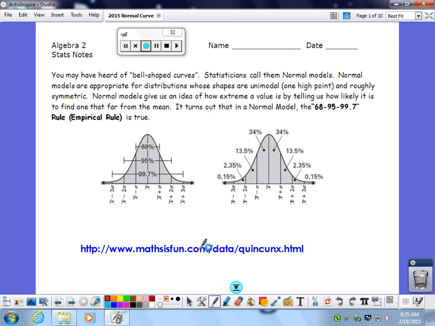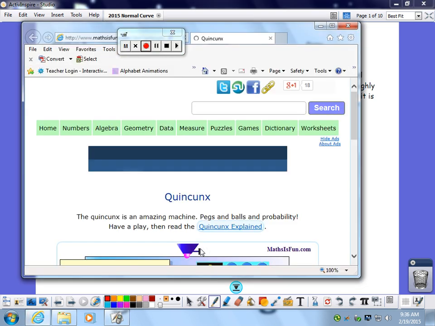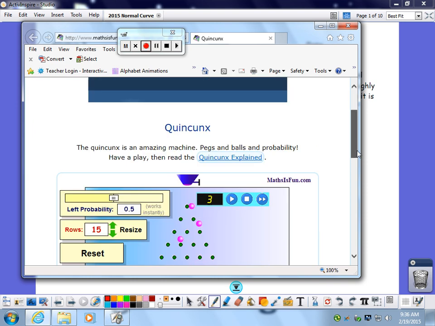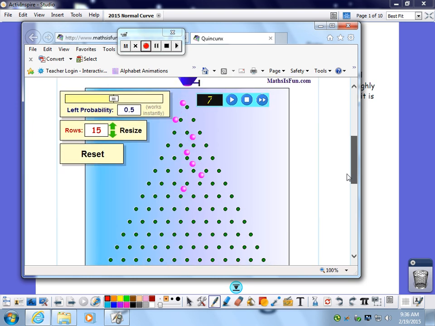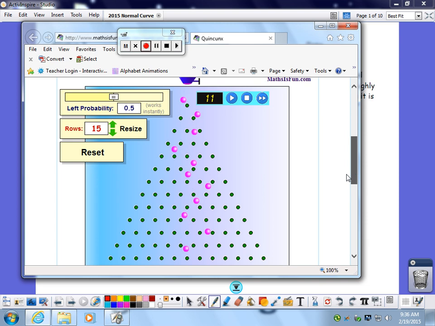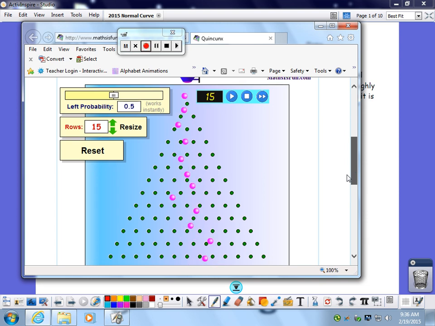All right, here's kind of a neat illustration of a normal curve. It's called a quincunx. So the ball hits and has a 50-50 chance of dropping on either side of the peg. Let's speed this up so you can see what's happening here. Let's go really, really fast.